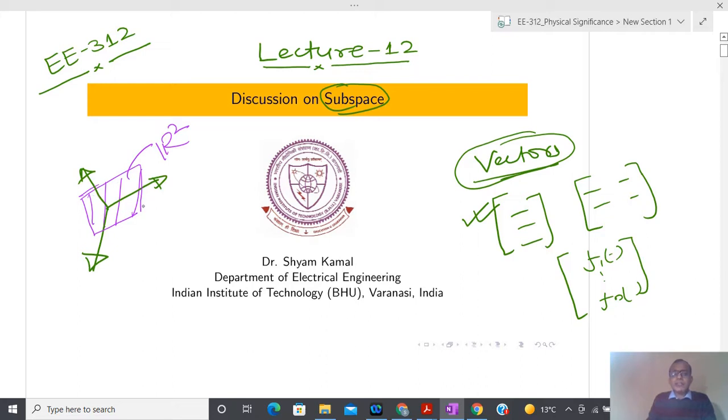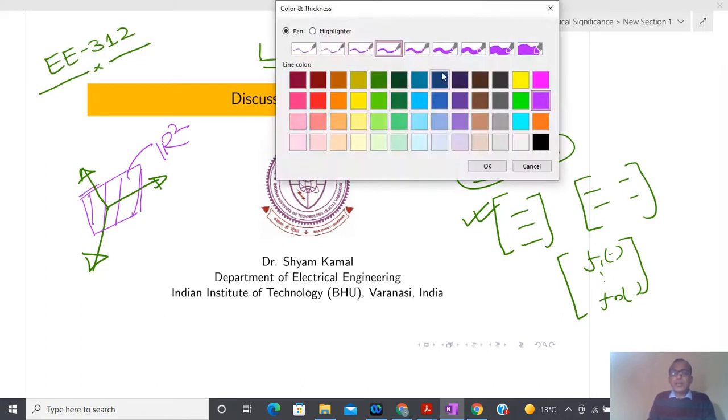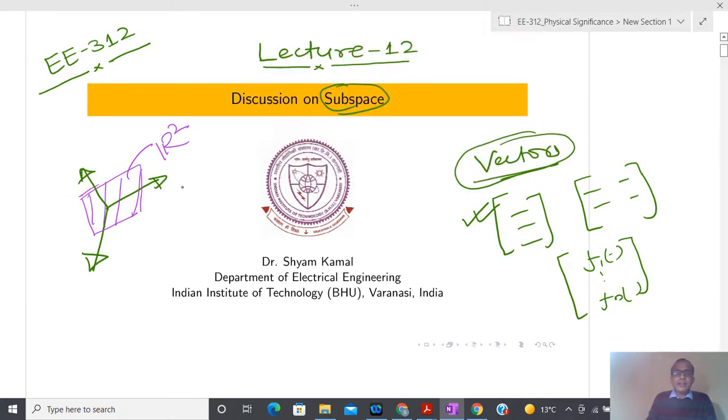But since I am considering this plane in three-dimensional space, I cannot say that it represents R2, because the third component associated with this particular plane is always 0. It is possible to show that if I take any two lines in this plane, then their addition remains inside this plane only. Even if you scale it, it is possible to show that we are going to live inside the same plane.